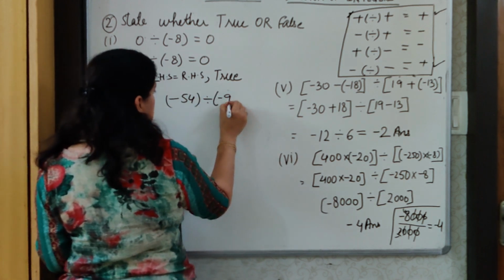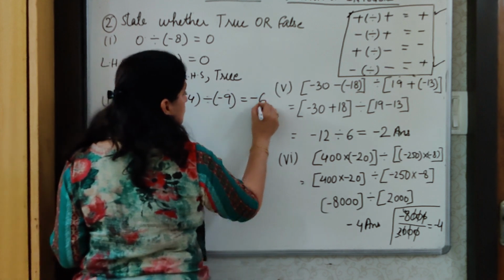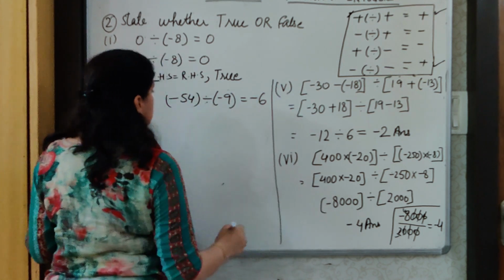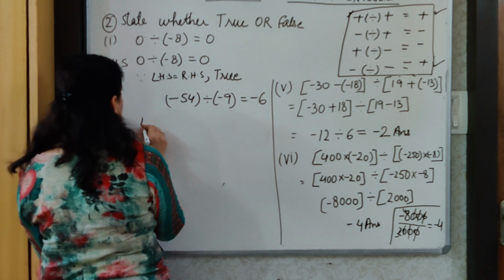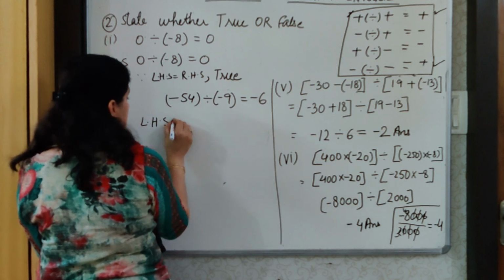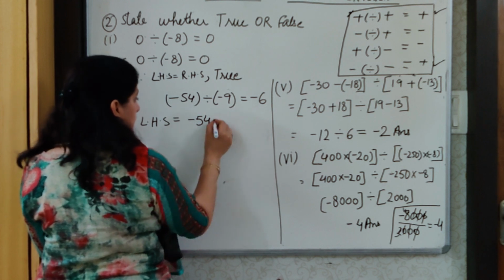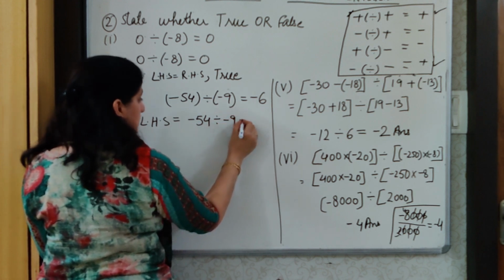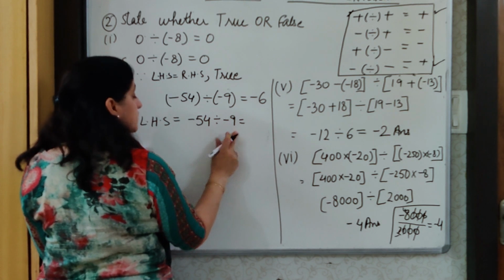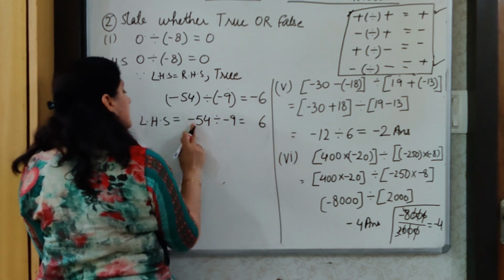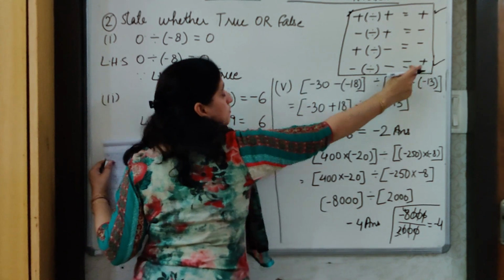Then we'll take up one more, which is minus 54 divided by minus 9 is equal to minus 6. Again we will solve the LHS because RHS already has the answer. Minus 54 divided by minus 9: 54 divided by 9 is 6 and minus divided by minus is plus.